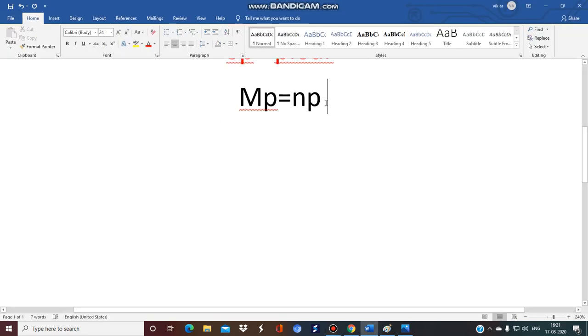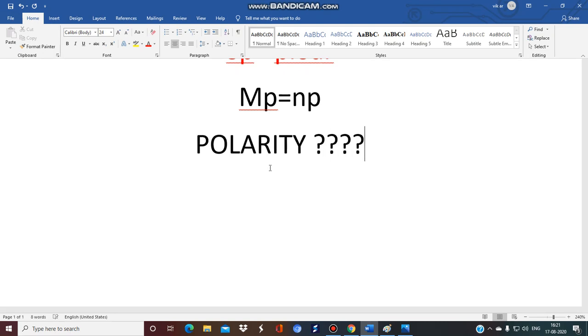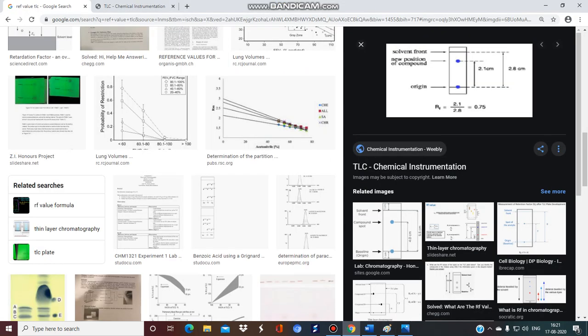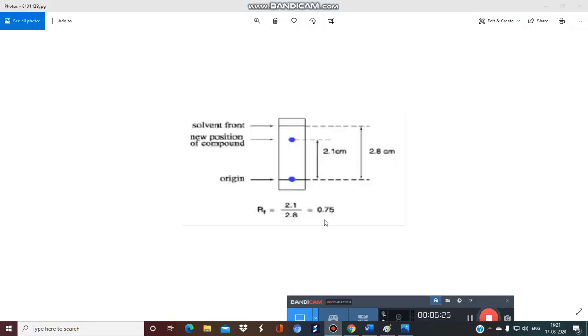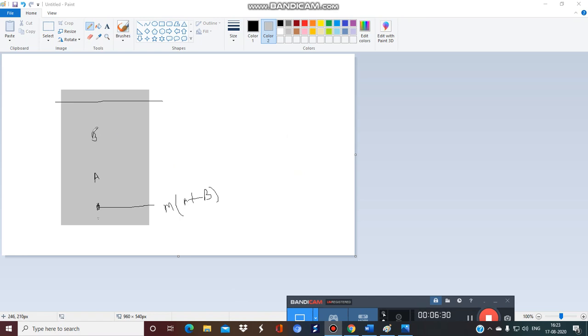So RF value has a significance also. What is the significance of RF value? It gives us an idea of the polarity of the components. How?